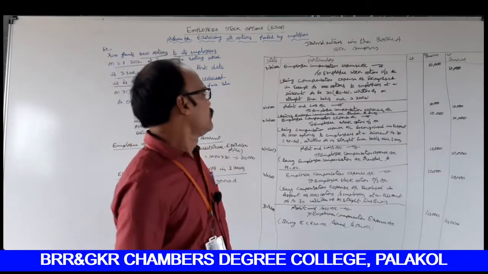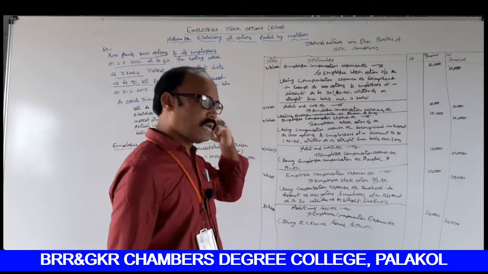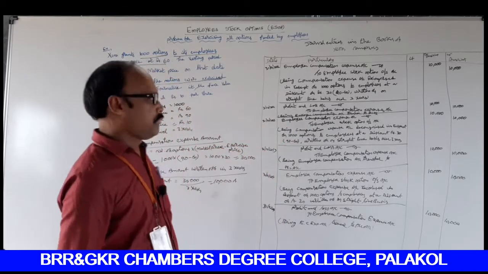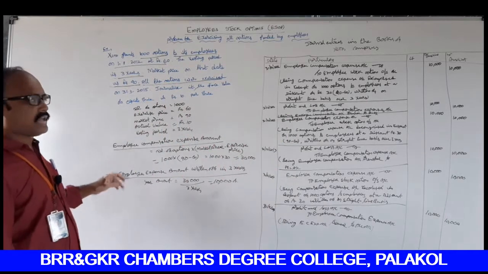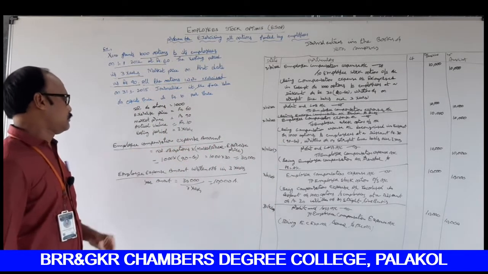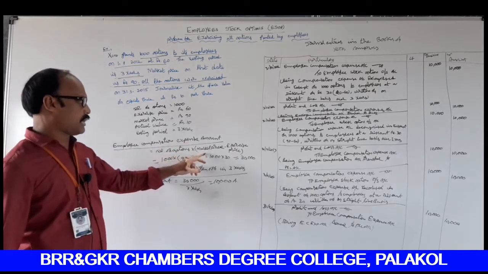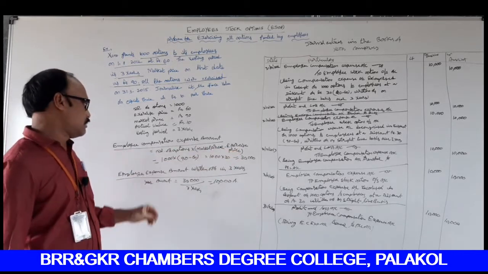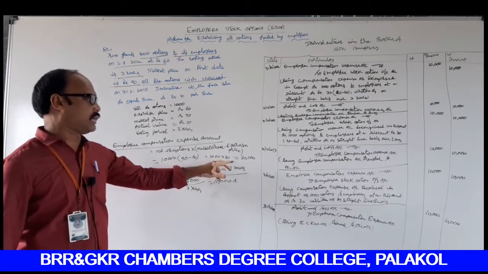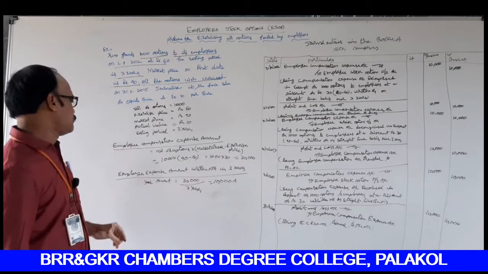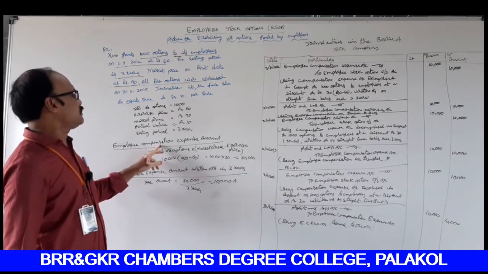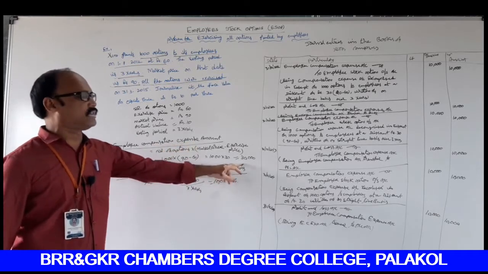Okay. General entries in the books of X Limited Company. Before going to that, once again, employee compensation expense amount is number of options into market price minus exercise price, 1000 into 90 minus 60, equal to 30,000.